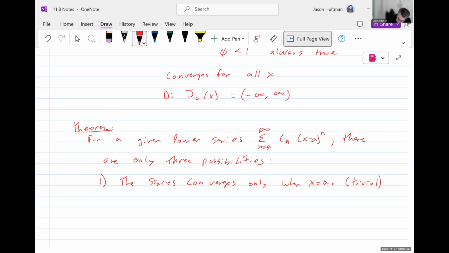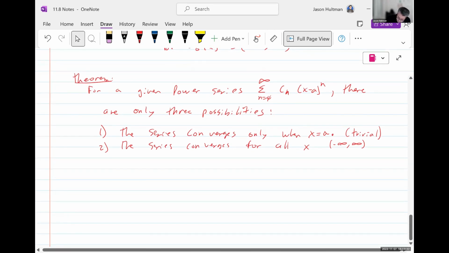Okay, number two, the series converges for all x. Basically, like we saw in the last one, our x can be anything we want, negative infinity to infinity.